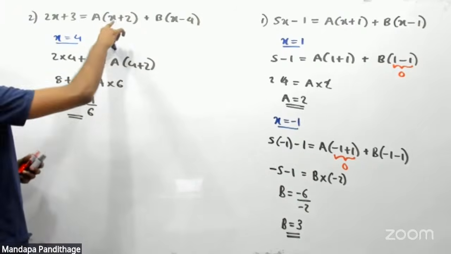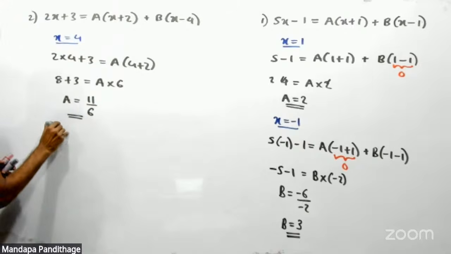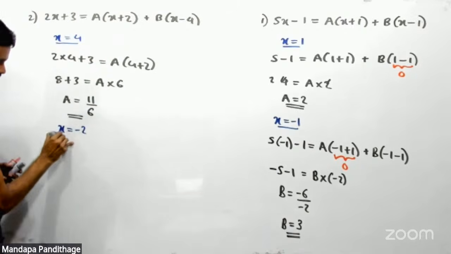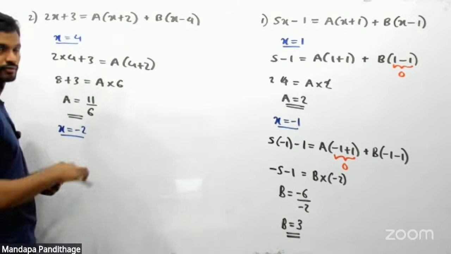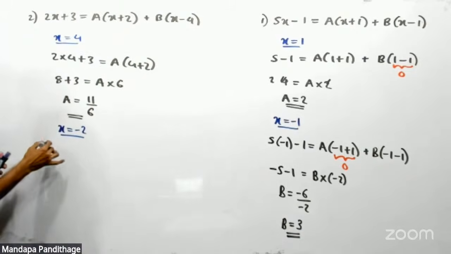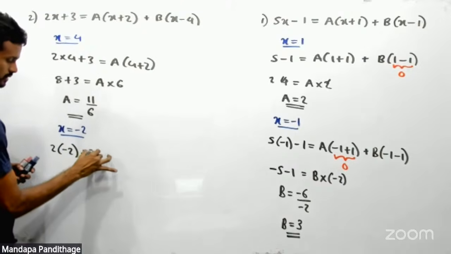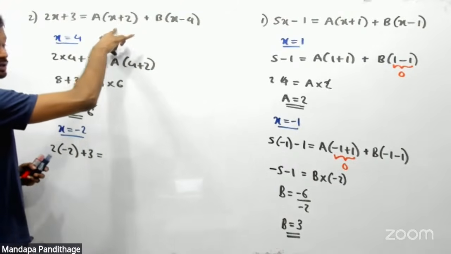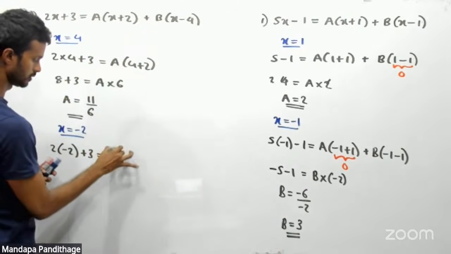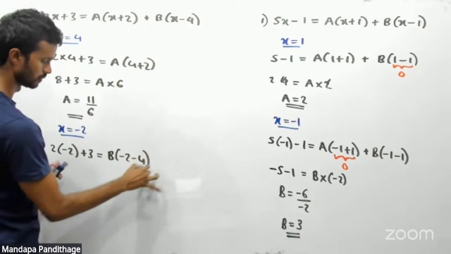And then to make this one 0, you have to substitute x equals minus 2. 2 times minus 2 plus 3 is equal to, this becomes 0, no need of writing it, b into minus 2 minus 4.